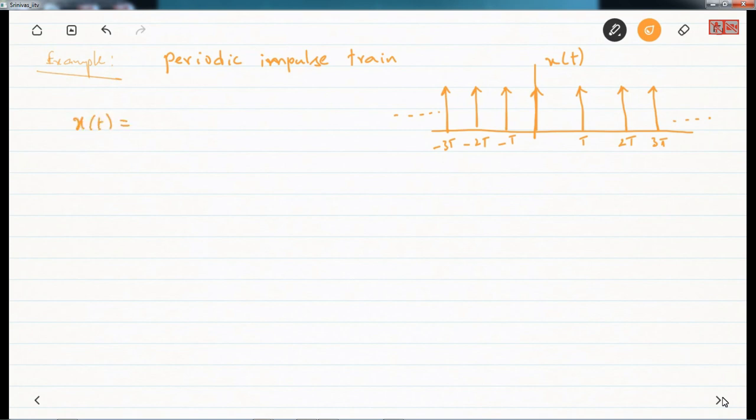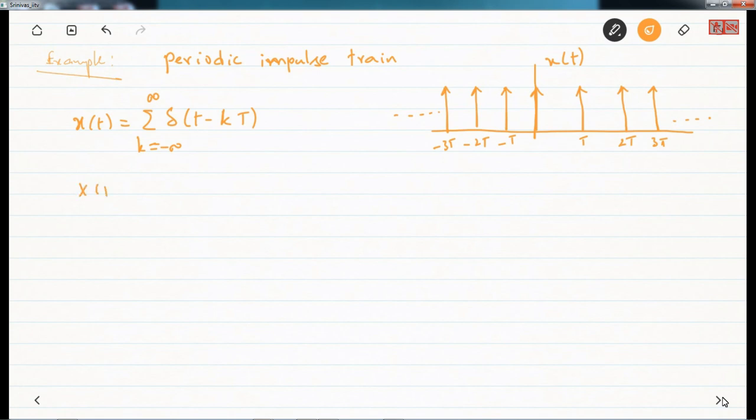So our x of t is nothing but the summation of delta of t minus kT, k equal to minus infinity to plus infinity. Its period is T. It's a periodic impulse train with period equal to T.